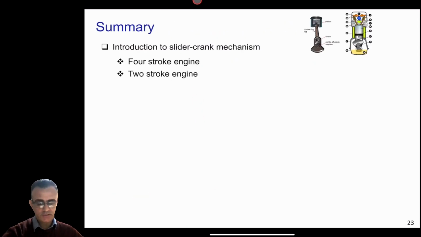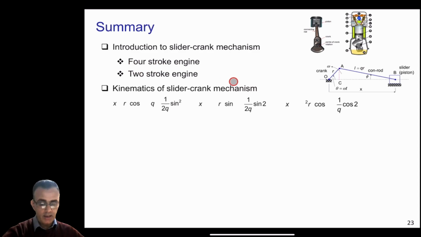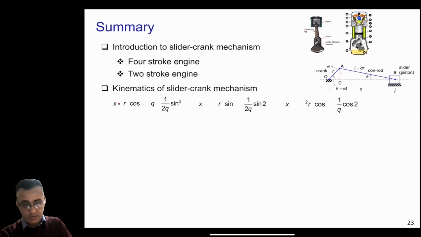Okay, so if we just summarize this lecture here, we introduced the slider crank mechanism. We discussed four-stroke engine and two-stroke engine briefly, and then we derived equations for the displacement, velocity, and acceleration here. Again, these equations are not correct because of some problem with the iPad. So you can see that cos theta plus q and minus, and then you have sine square theta.